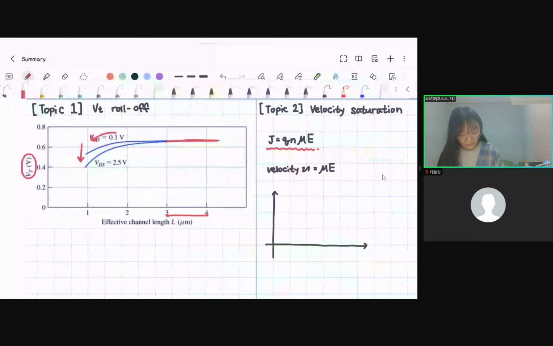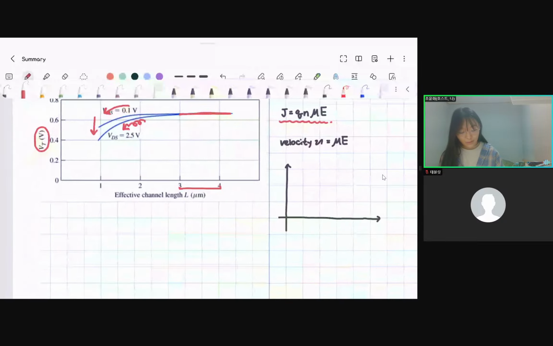So it is similar to a roll off from here. We call this situation the VT roll-off. The reason why the VT roll-off has emerged can be explained by the charge sharing model.